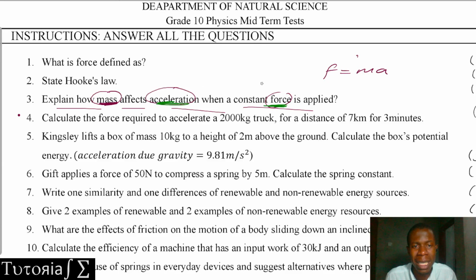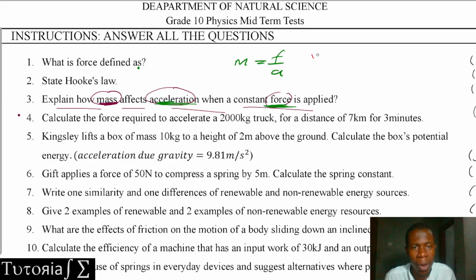Basically, we know that mass is equal to force over acceleration. Now what you're supposed to do here is explain in terms of acceleration, then also explain in terms of force. So here in your explanation, this is how you're supposed to work out this one.